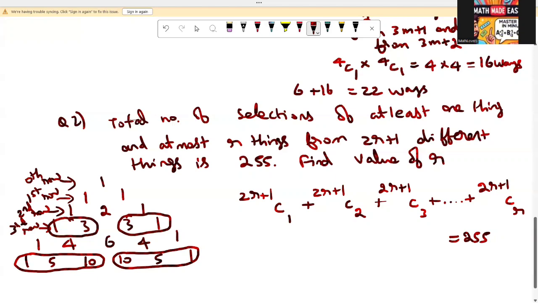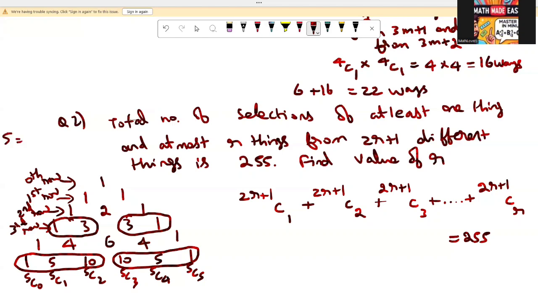As per the identification, I was saying this is the fifth row. So this is 5C0, this is 5C1, this is 5C2, this is 5C3, this is 5C4, this is 5C5. So this 5 at the top is the row number. In our question, we have 2r plus 1 as the row number.